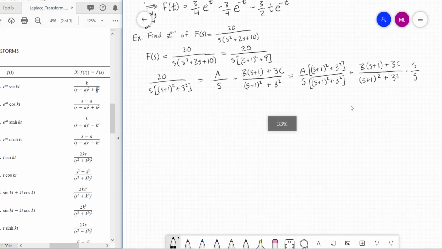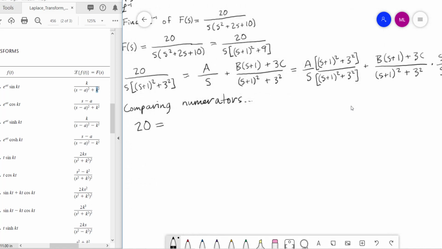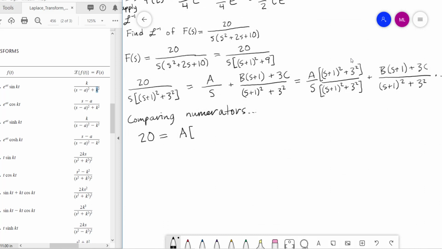So if we compare the numerators, on the left-hand side, we're going to have 20, and on the right-hand side, we are going to have this big old mess, so a times, the easiest way to do this is we could go back to the unfactored version if we want. We can leave it here, but remember, it's equivalent to what we have written here.